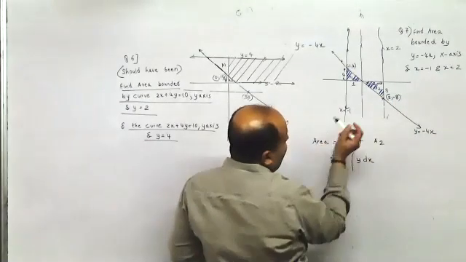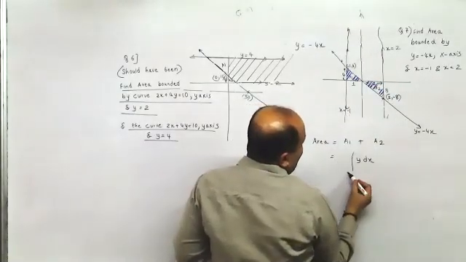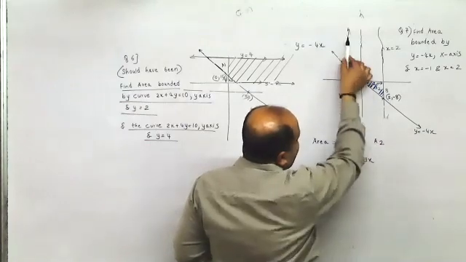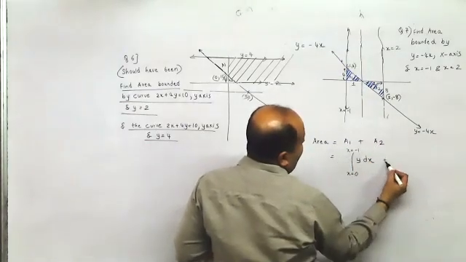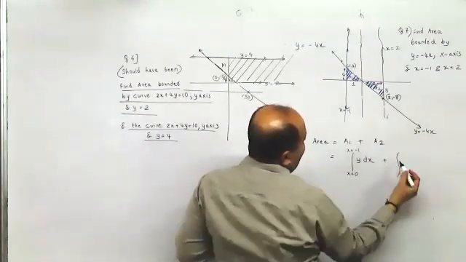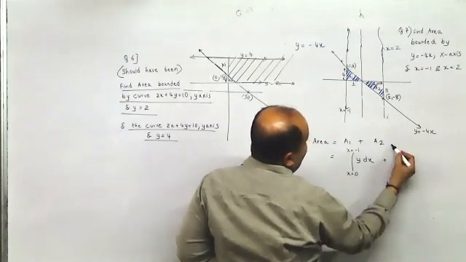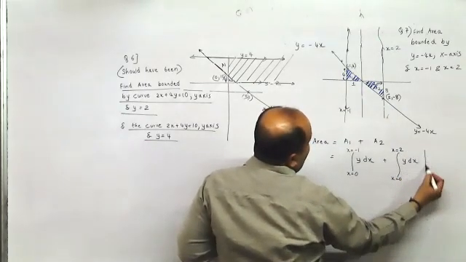So this would be between this line, that is x equal to 0, and this line which is x equal to minus 1, plus this line, that is x equal to 0 and x equal to 2, y dx, but this would be within mod.